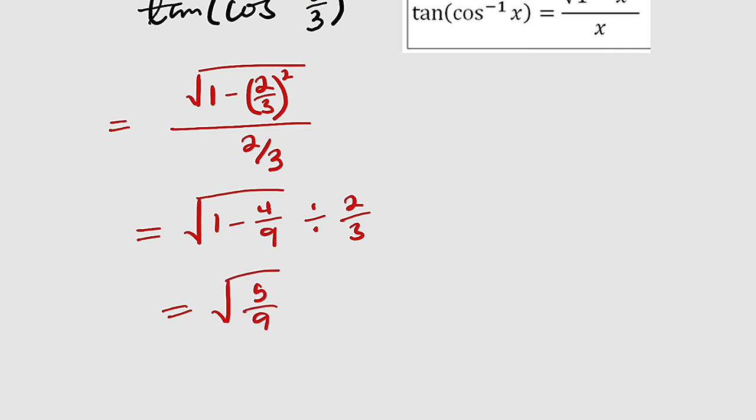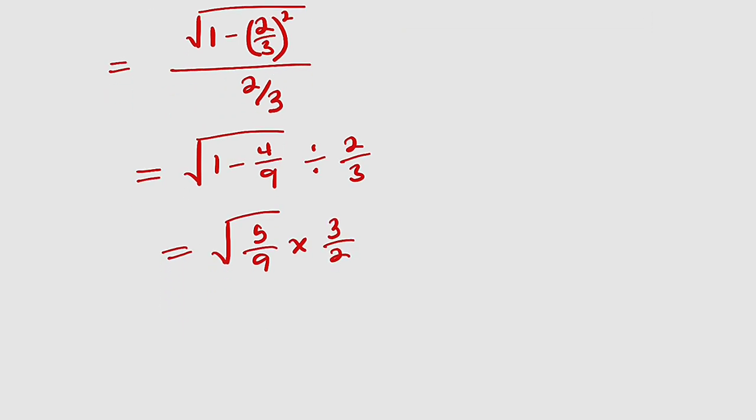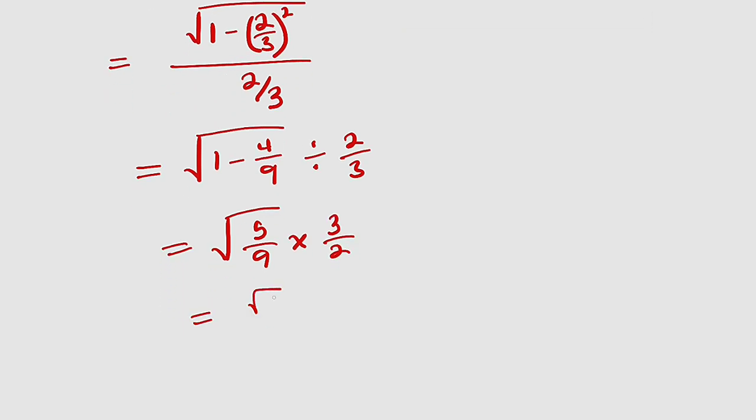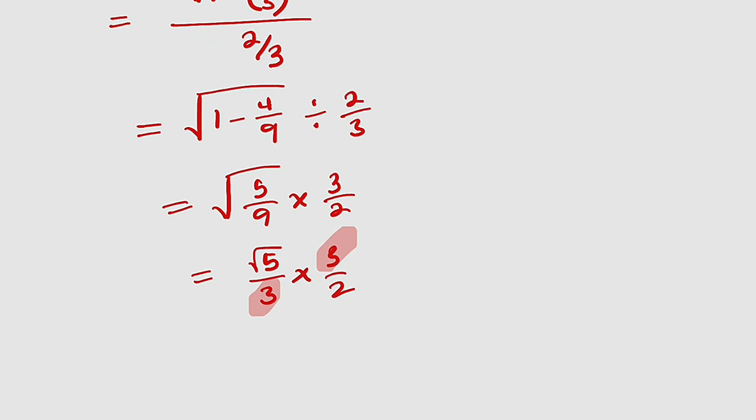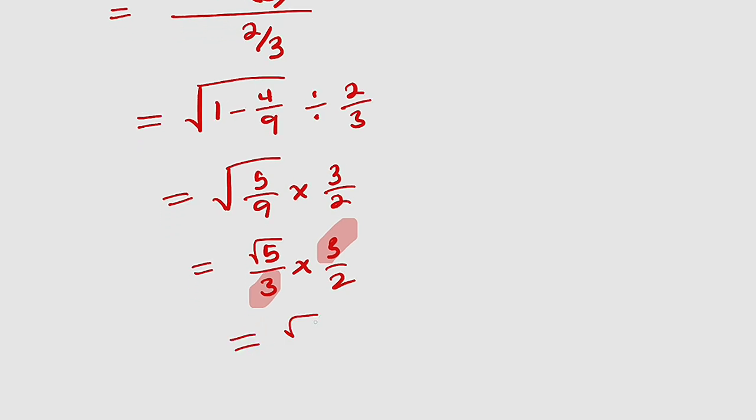Then I can change the division to multiplication and take the reciprocal, 3 over 2. Square root of 5 is square root of 5, square root of 9 is 3, times 3 divided by 2. You can see that 3 and 3 will cancel. What do we have left? We have square root of 5 divided by 2.